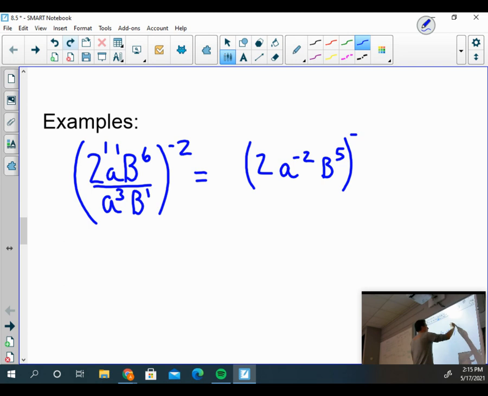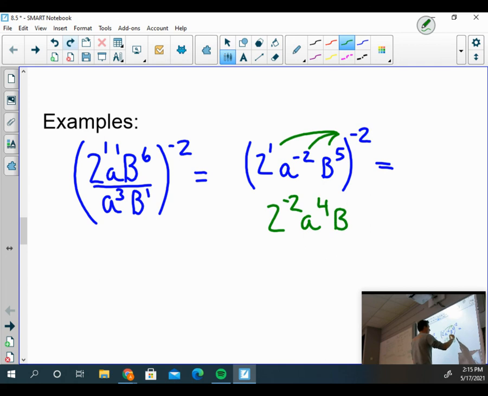And then you go ahead and distribute. Might make your life a little bit easier. Again, it just depends on who you are. And we get 2 to the negative second, A to the fourth, B to the negative 10th. And hopefully you can tell that we're going to end up in the same place.